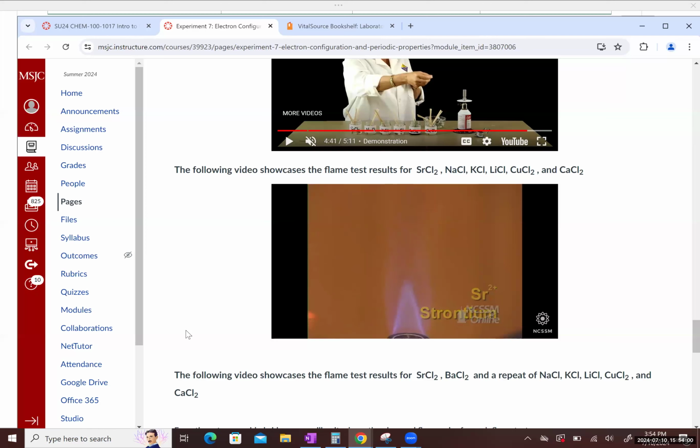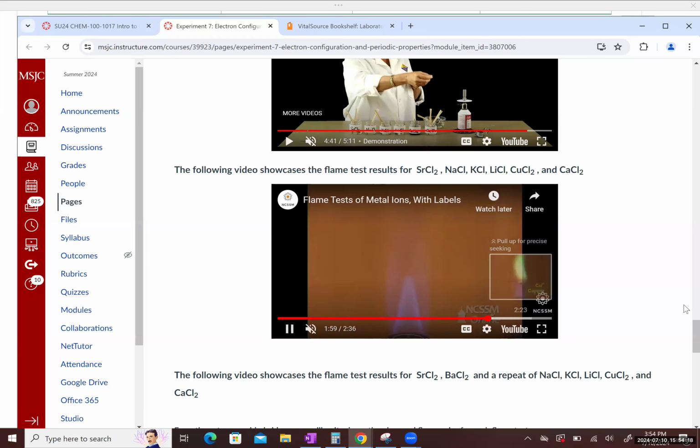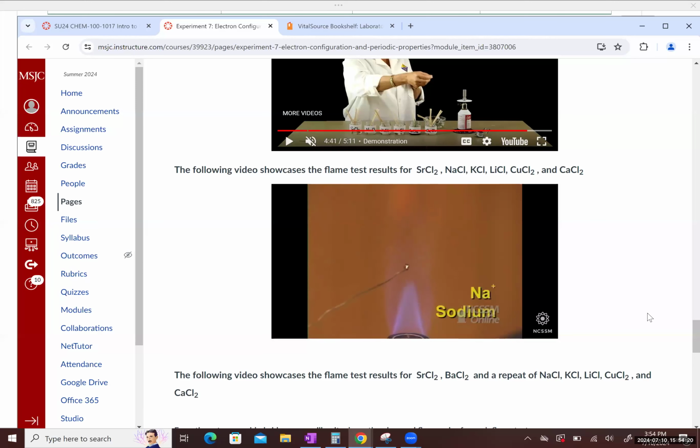Again, we're just reconfirming our past observations, making sure everything lines up. Lithium, a red flame emission. And sodium, which is more of a yellow-orange. It's quite a brilliant color, clearly distinguishable from barium.